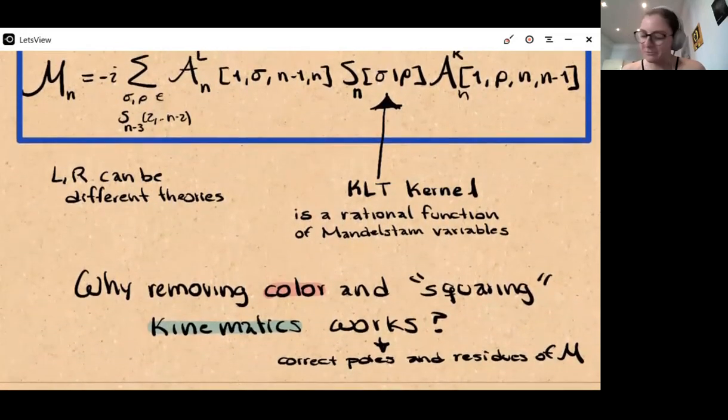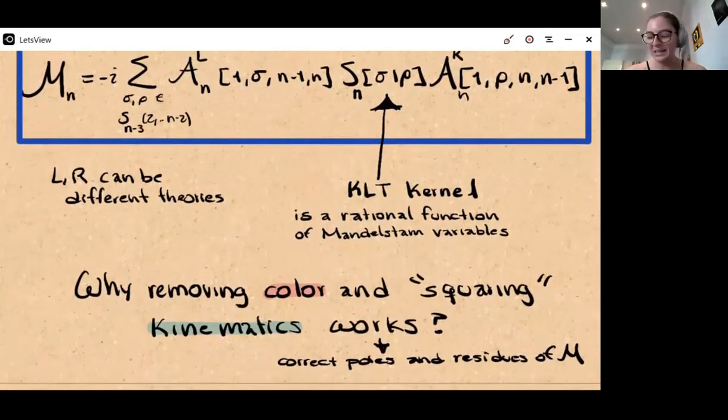So we reached the question of why removing color, meaning taking the color ordered amplitudes and squaring them, gives you gravity. So far, okay, there's a stringy origin, that's good enough, but we would like to have a better explanation.